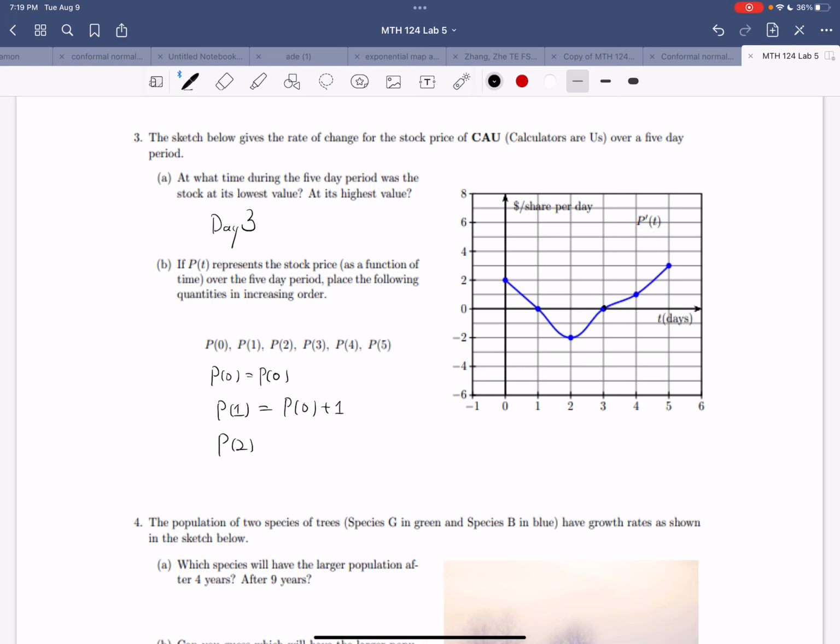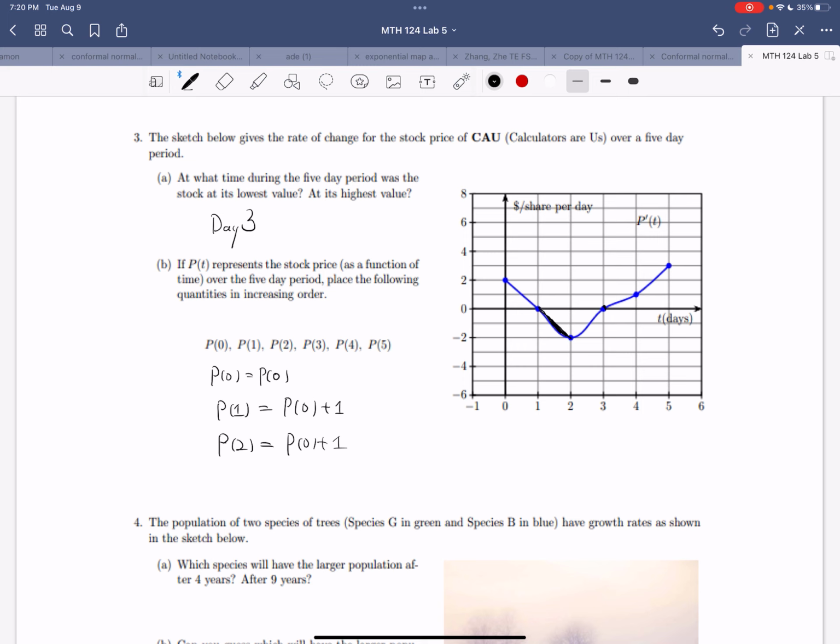P2 equals, so P2 is P1, which is P0 plus 1, minus this amount, right? This area here. But this area is a little bit bigger than 1, because when you connect these 2 points, you will see some little area here, right?